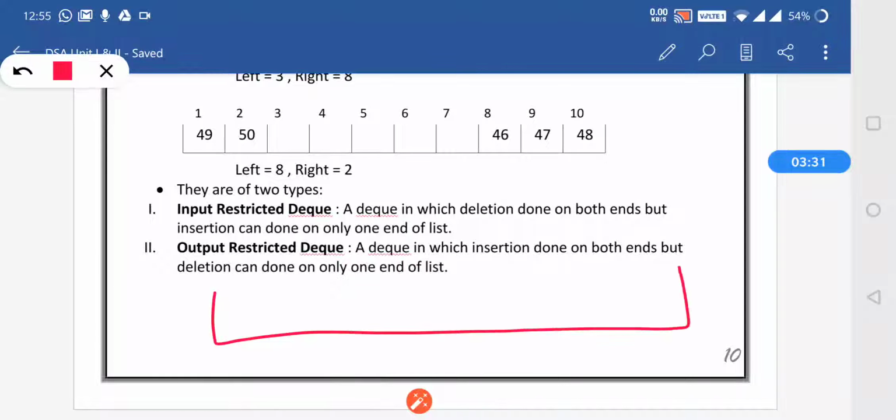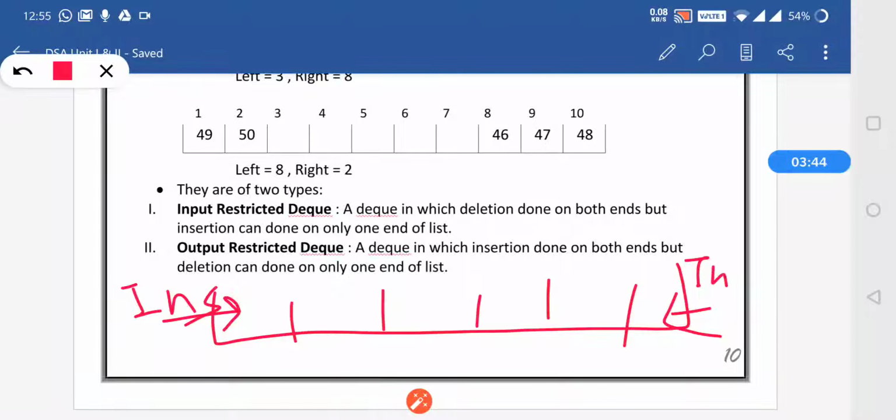Means, suppose we are having this particular queue. So in this, the insertion can be done from both the ends. We can insert the element from both the ends, but we can delete the element from only one end. That is called output restricted queue.